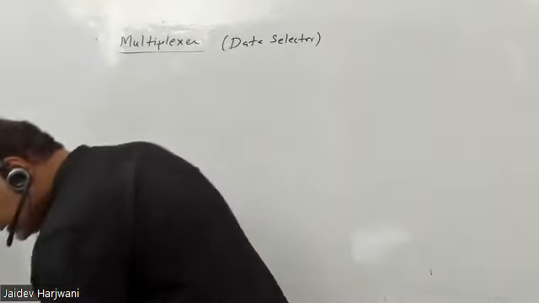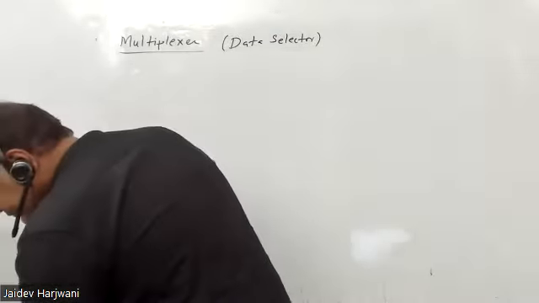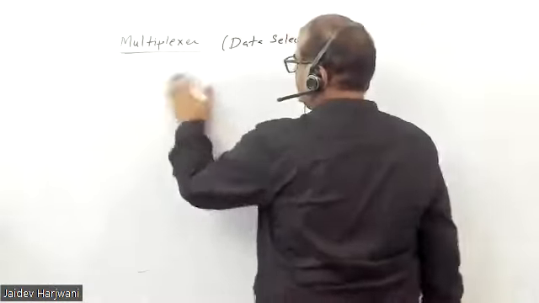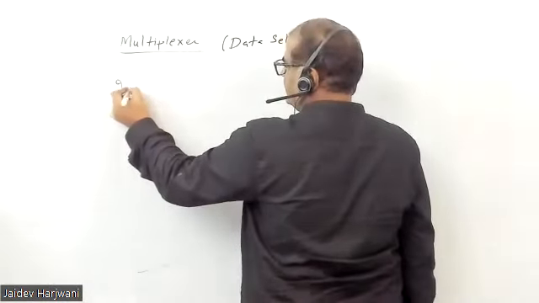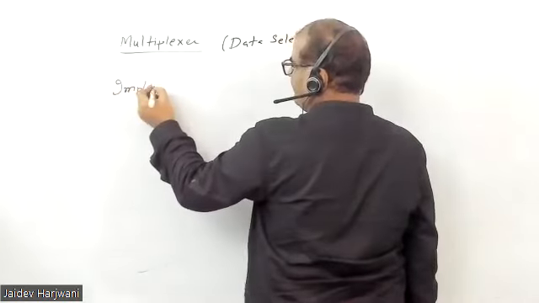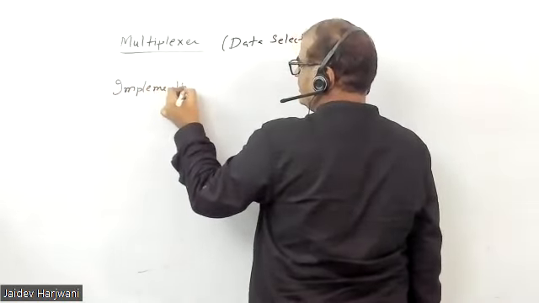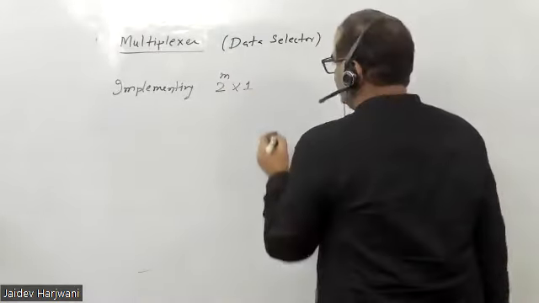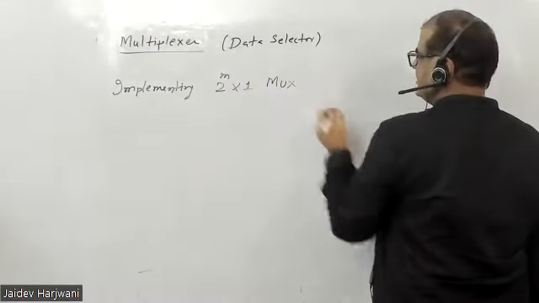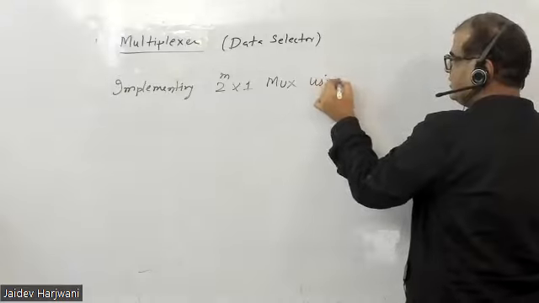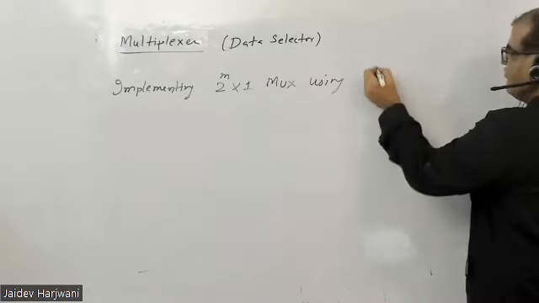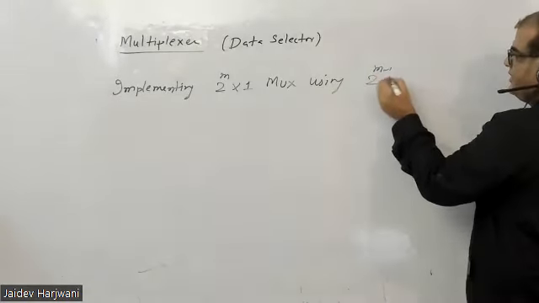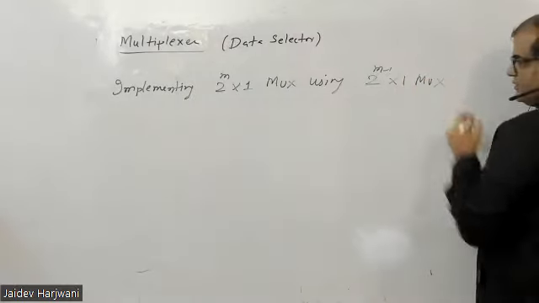The next topic is implementing a 2^m into 1 multiplexer using a 2^(m-1) into 1 multiplexer.